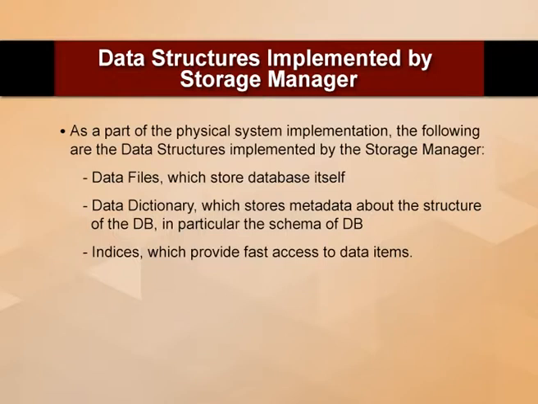Then the indices part. Index files are created to provide fast access to data items. Suppose the DBMS is following the random file organization technique, it should randomly pick the record whatever the user requested. So, it can't go sequentially, one record after another, till the end of the file.